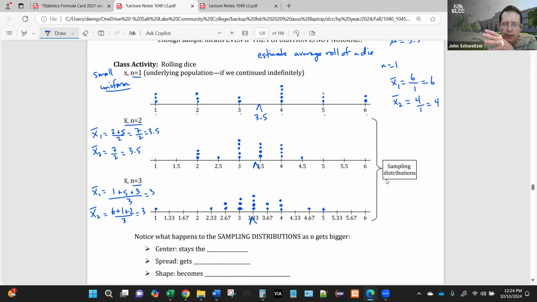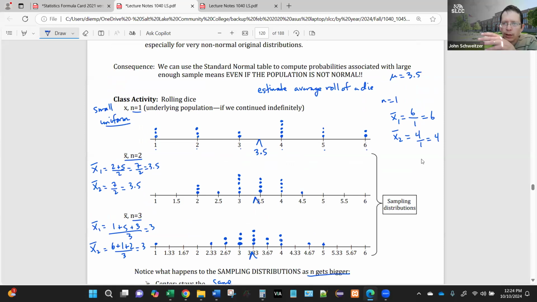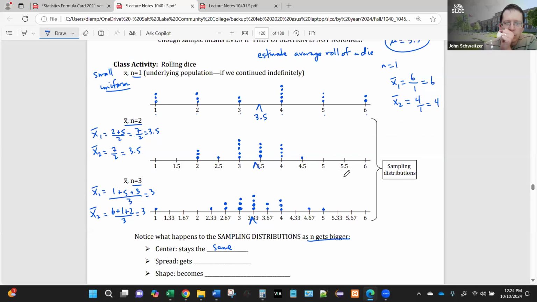As the sample size gets larger, the center stays the same, more or less, right? And it stays pretty much what we expect it to be. The actual parent population is at 3.5 for the average roll for the middle of the distribution, and the center here is about the same.